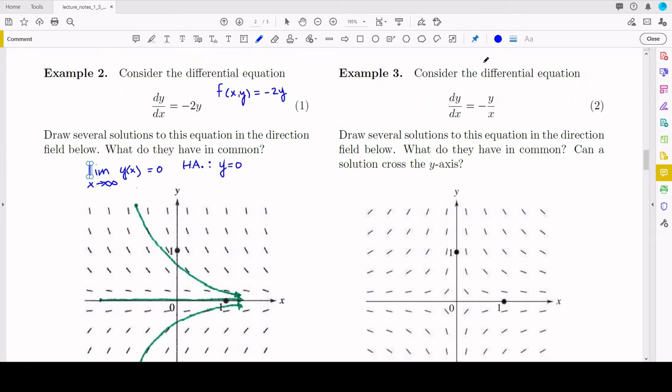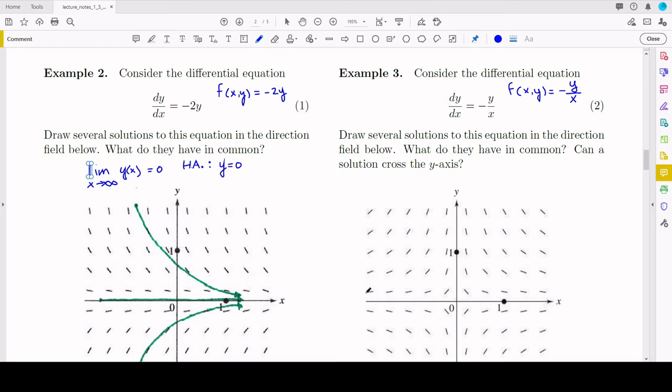Now let's look at another differential equation where dy dx equals negative y over x. And so our differential equation is f of x y equals negative y over x. And here are the corresponding direction markers.